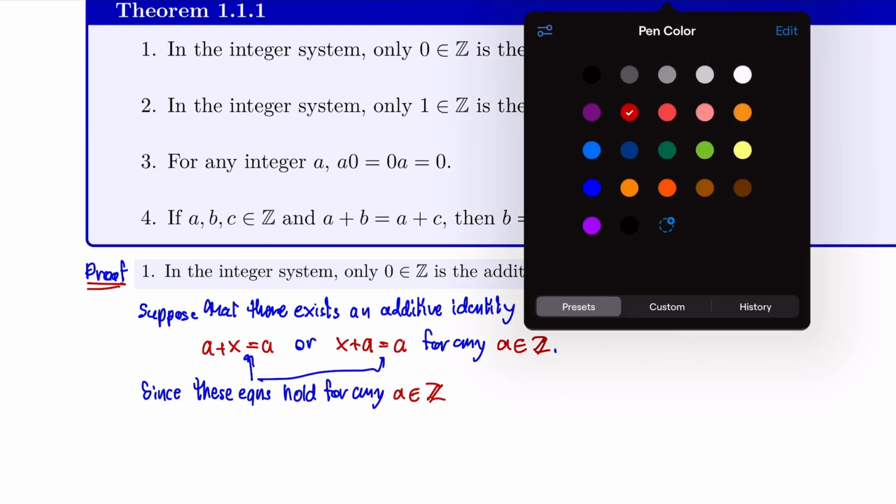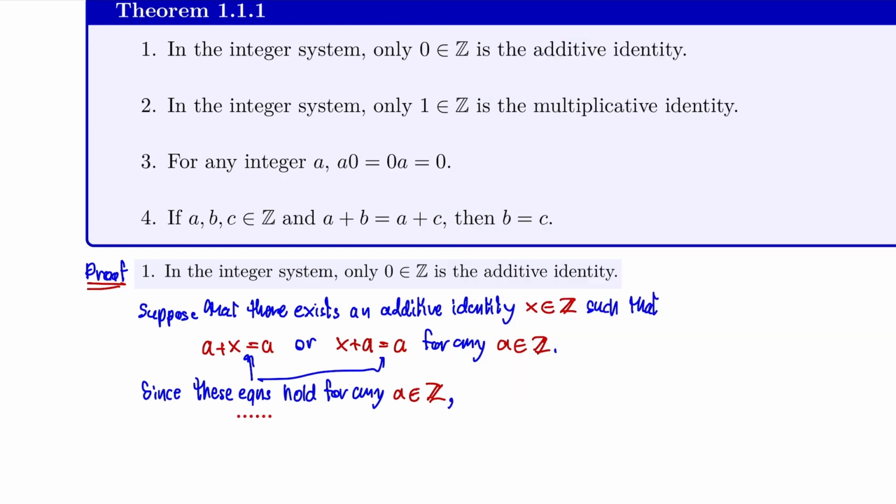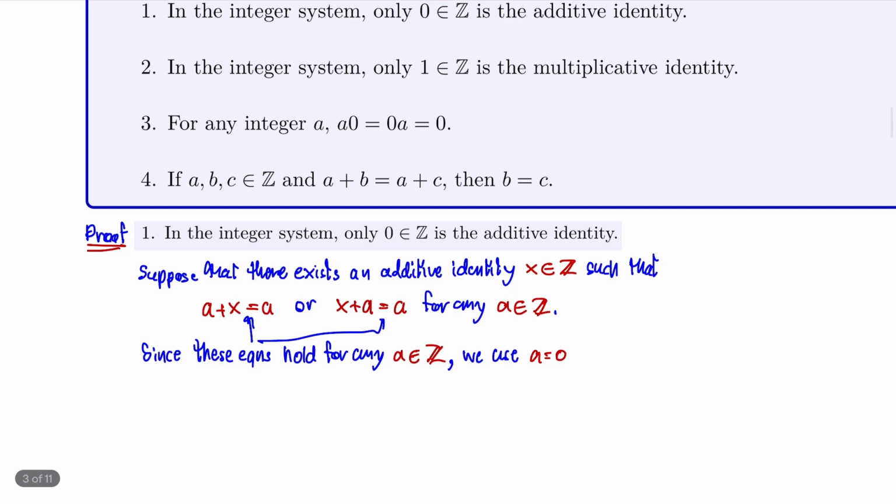What does it mean by this? Does this mean that I can plug in any integer a? Okay, so I want to plug in a to be 0. Then we're gonna have 0 plus x equal to 0, or x plus 0 equal to 0.